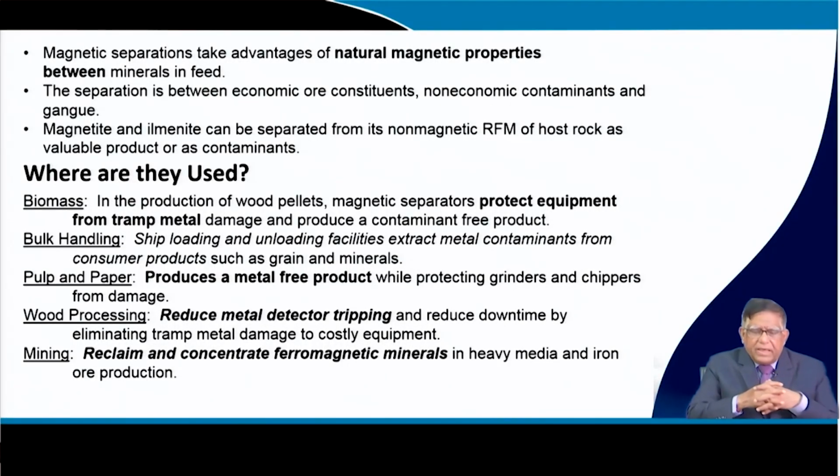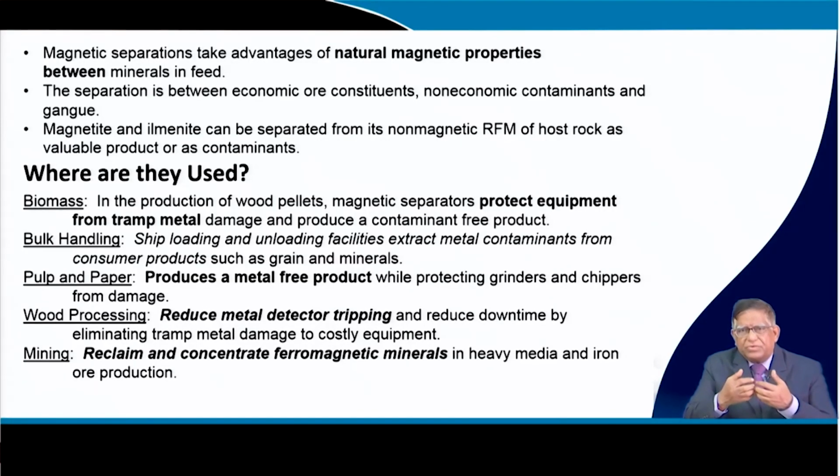Basically, what you are doing here is taking advantage of the natural magnetic properties, that is, certain materials are naturally available with magnetic property, and you engineer it for separating them out.